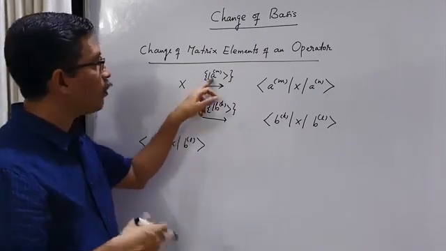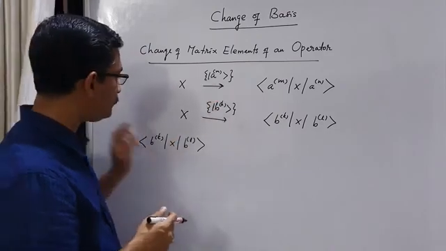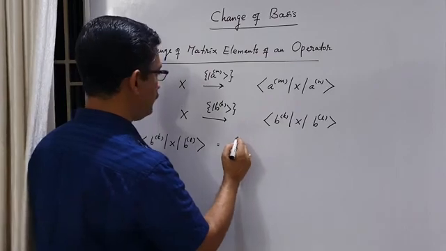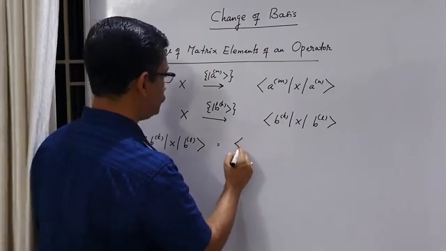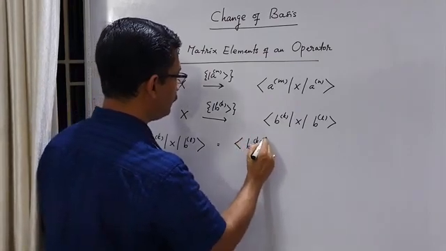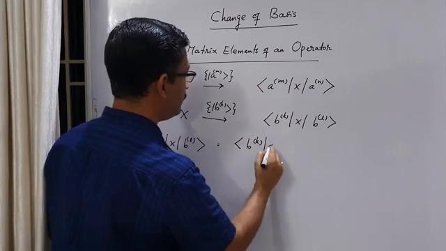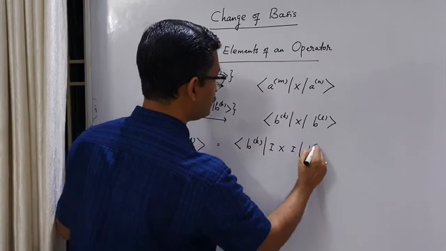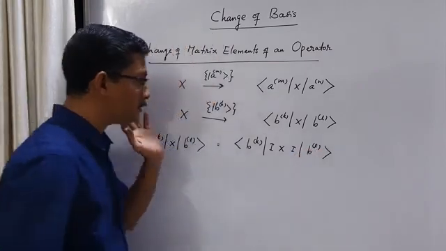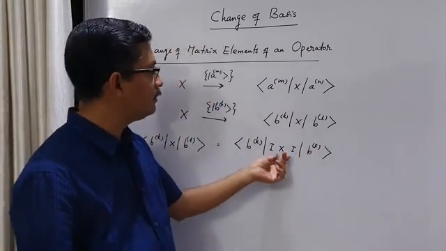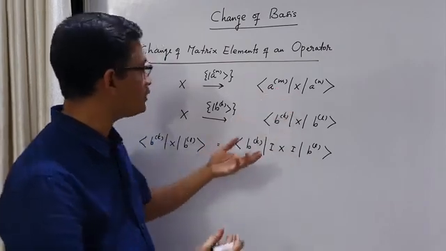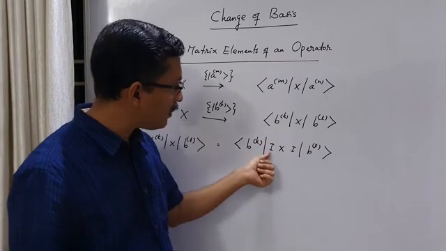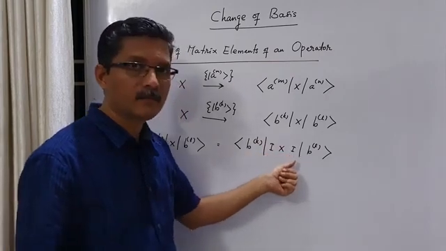So we get <B_K| identity X identity |B_L>. The idea is to rewrite this in terms of the matrix elements of X in the old basis. For that we have to introduce old basis vectors on either side of X.